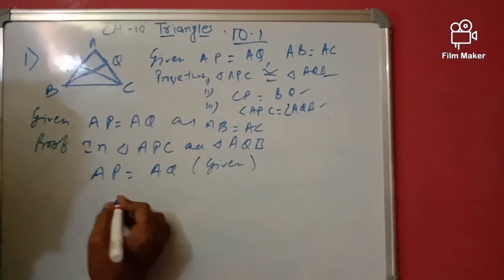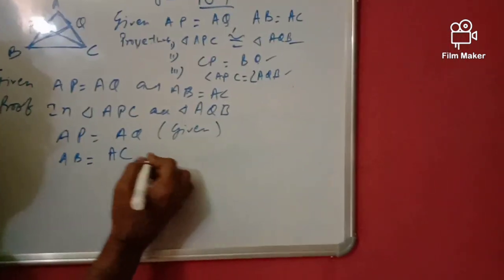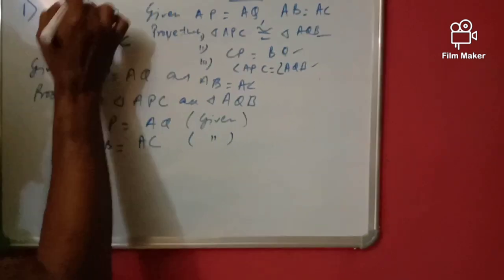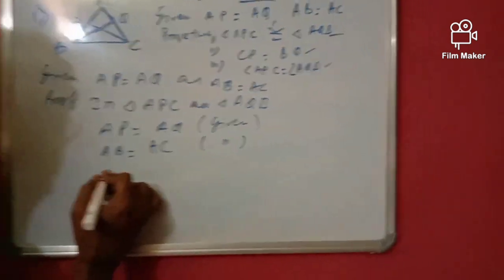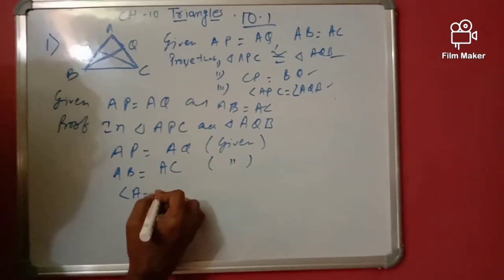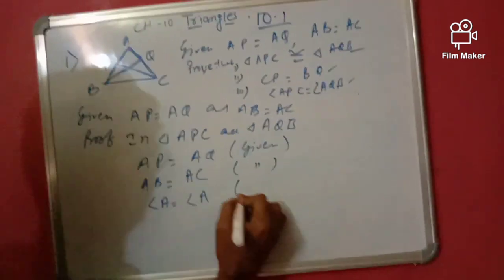AB equal to AC, this is also given. Now angle A is common. Angle A equal to angle A, common.